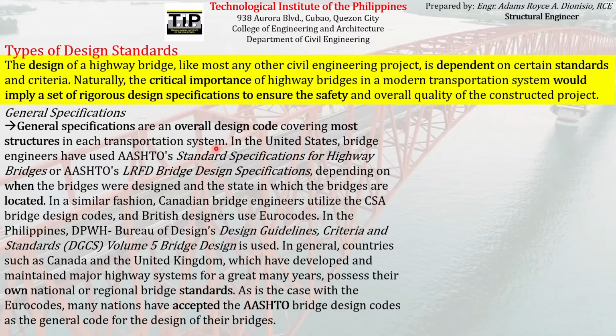So when we say general specification, these are a set of instructions or specifications that are usually used to guide the design and construction of a particular transportation system. These are just a set of guidelines to ensure that safety and overall quality will be met in the design of a transportation system.